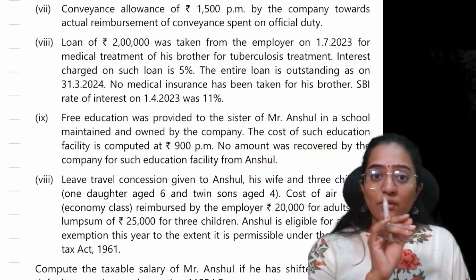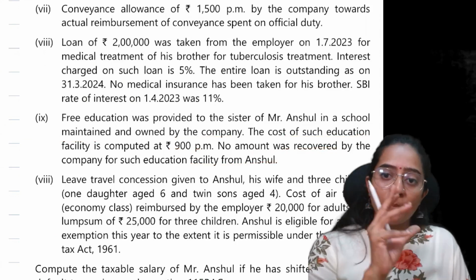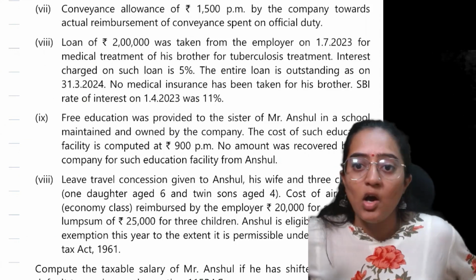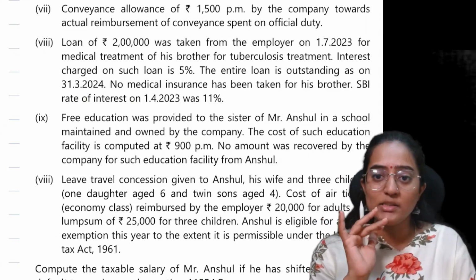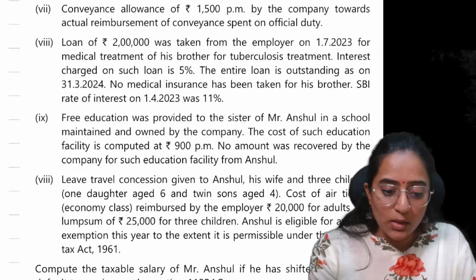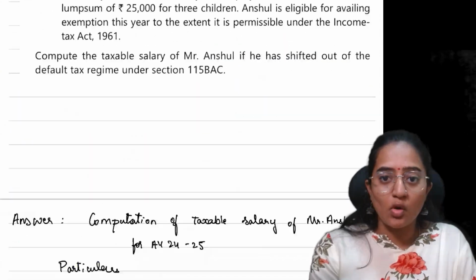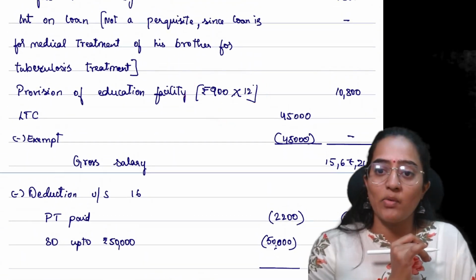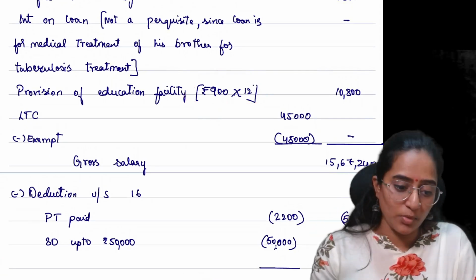Remember, if free education is given to the employee's children up to 1,000 rupees, studying in the employer's own school or college, then it would be exempted. But in this case, it is a relative who is studying. Free education is provided to the sister, a relative. Hence, it is not going to be exempted. It is going to be fully taxable. That is 900 rupees per month into 12 would become the fully taxable amount. Clear?